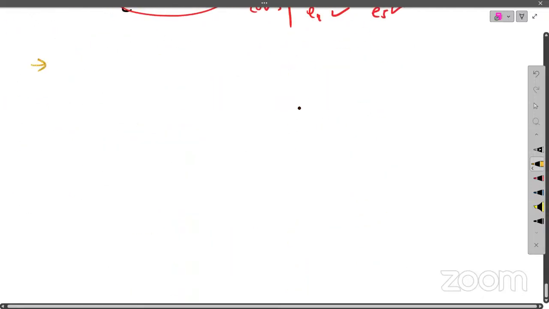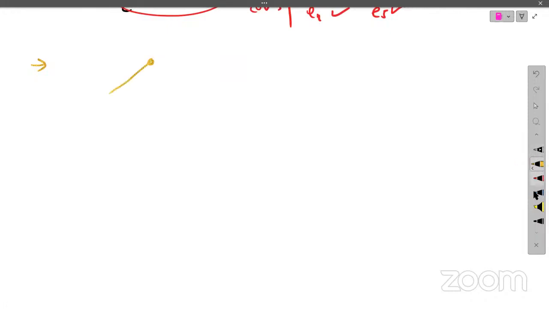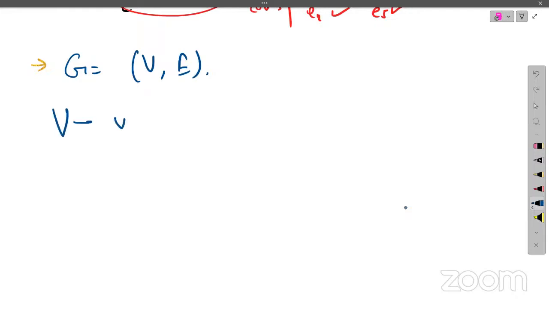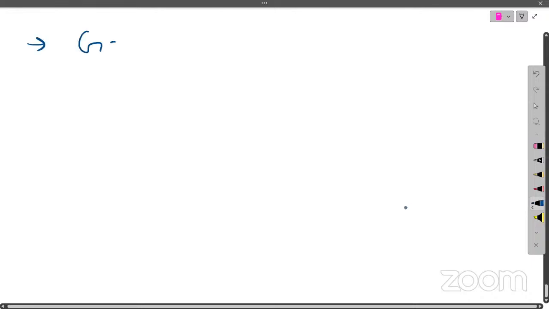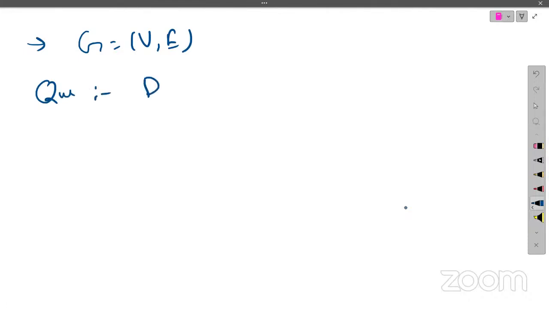Okay, what I mean by that. Suppose you have any graph, it doesn't matter. Suppose I have in general a graph G, where the set of vertices is V and the set of edges is E. If I take V as a vertex cover, this will be a vertex cover, correct? Let me reframe the question. If G is this graph with vertex set V, does the set V work as a vertex cover?